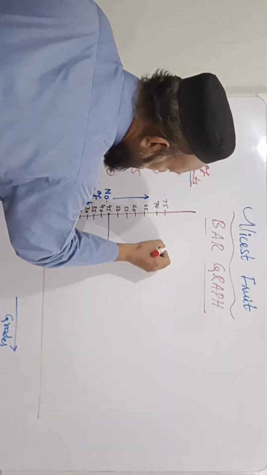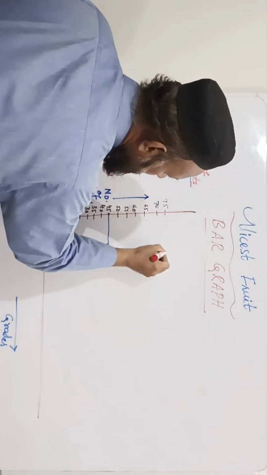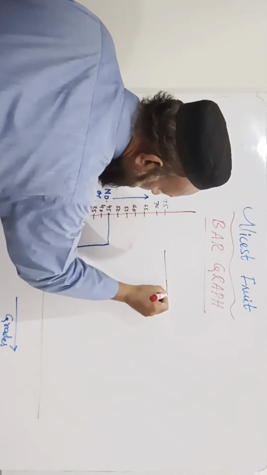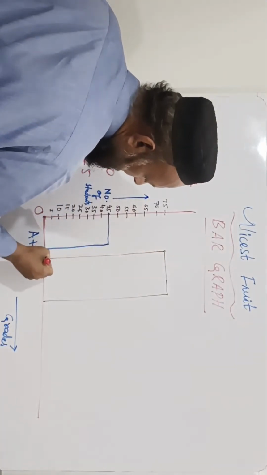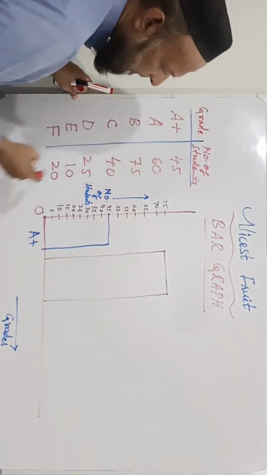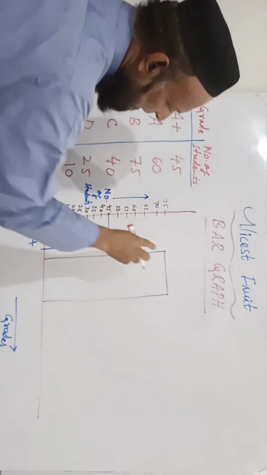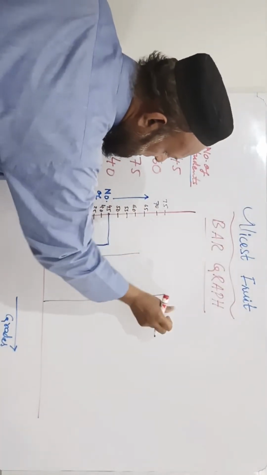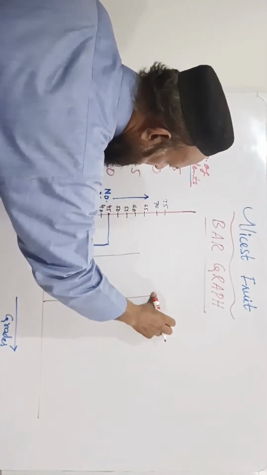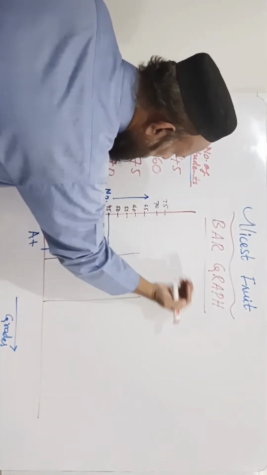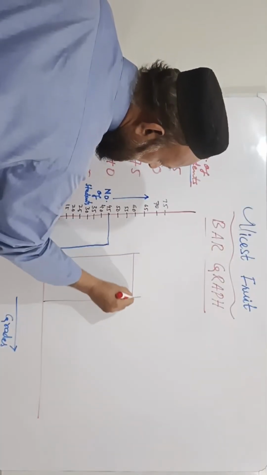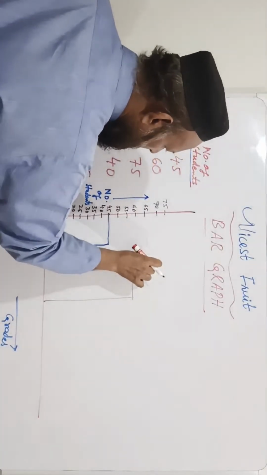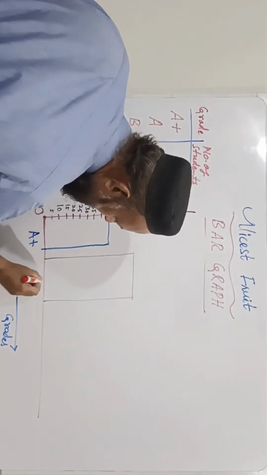So this is 75. A remained. I forgot to plot A. So say if this is A, then what happened? This should be 60. Okay, so this is 60. This is A.